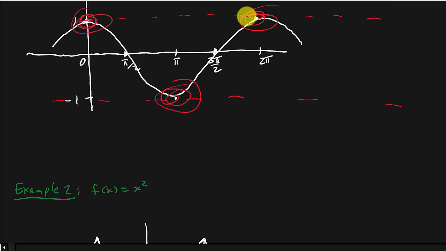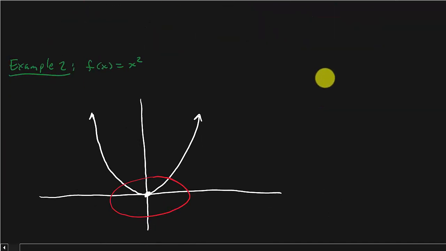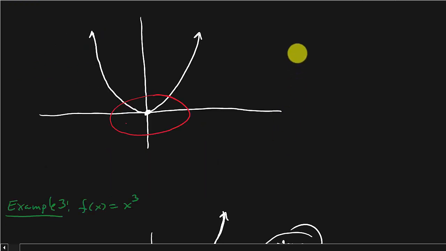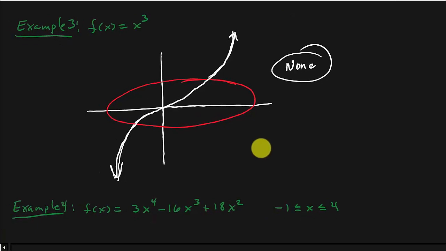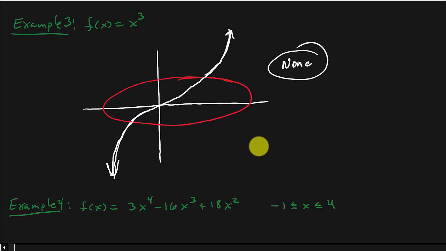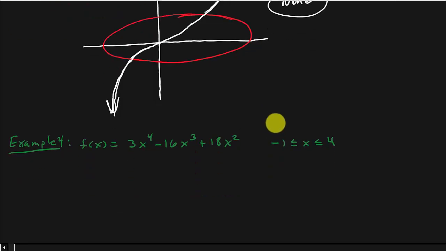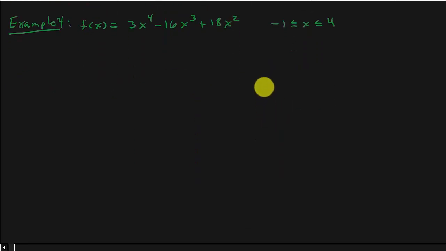There's nothing where it increases, then decreases, or decreases and then starts increasing. We have nothing like that here. So this has no local or absolute max or min. All right, now what about this one?